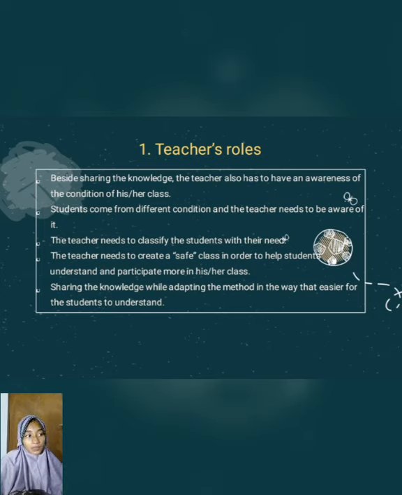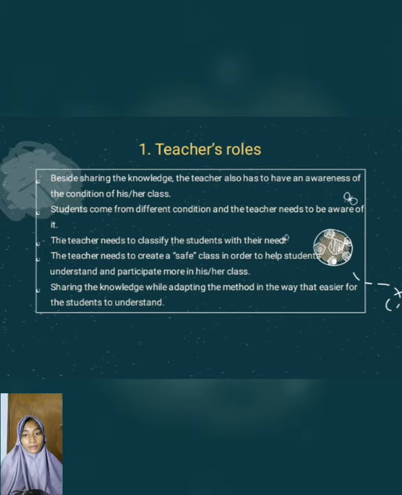And the last point is sharing knowledge. The teacher needs to share the knowledge while adapting the method in a way that's easier for students to understand. This is still connected with the point that I've explained before.